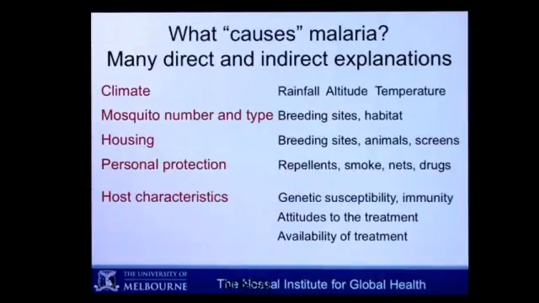Much harder to tackle the breeding sites for malaria, which are more widespread. Very, very difficult indeed. The housing, are they close to the animals? Are they screened? Personal protection, and then the characteristics of the host. So any one of these factors altering the balance can lead to an increase in malaria.